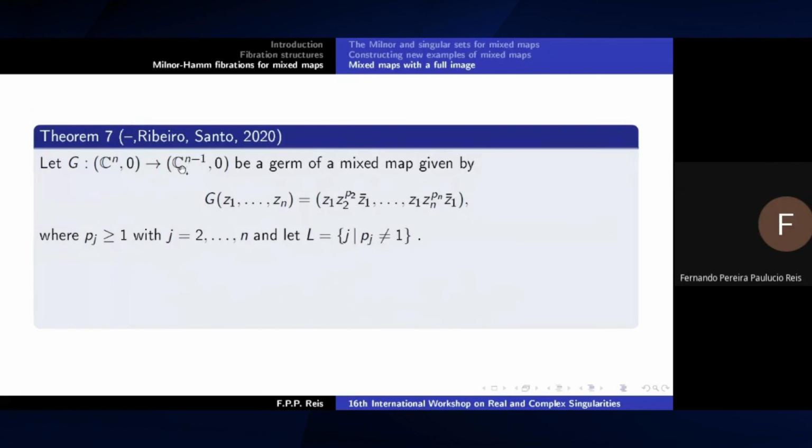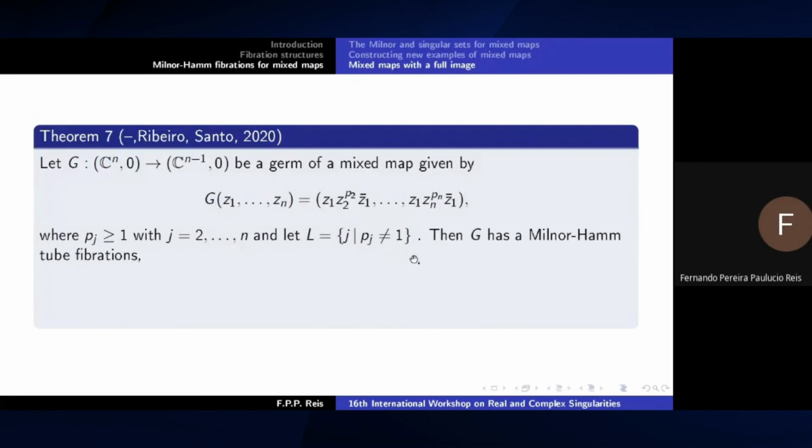Let G from C^n to C^(n+1) minus 1 be a germ of mixed map given by this component, each component satisfying the same condition of the lemma above, where p_j is greater than or equal to 1 with j from 2 to n, and let L be the set.